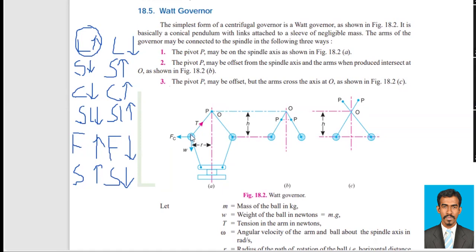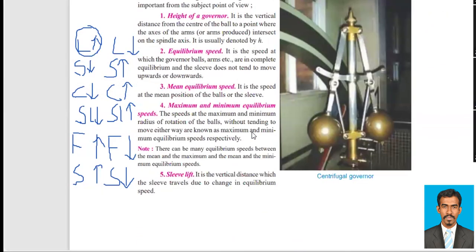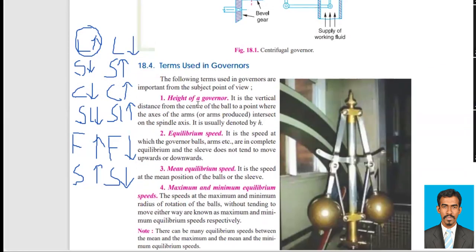This one and this one are the two arms, and this is the intersection of the arms. The distance between this level and the center of the ball is H, the height of the governor.